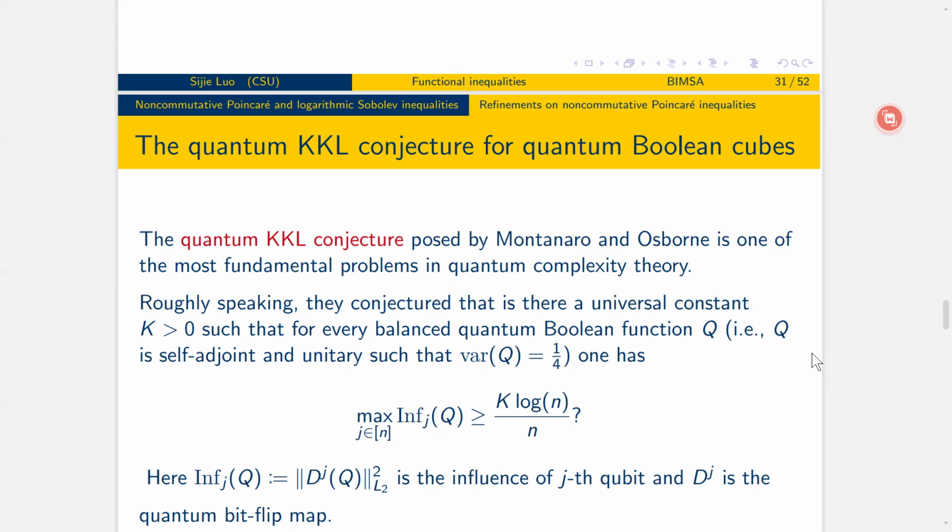Then they conjecture that the influence is bigger than log n over n. Here it is a projection, because in their proof, they could not get such a result. And the influence is the influence of Q in L-naught or 2.